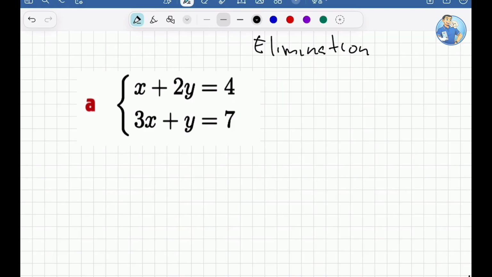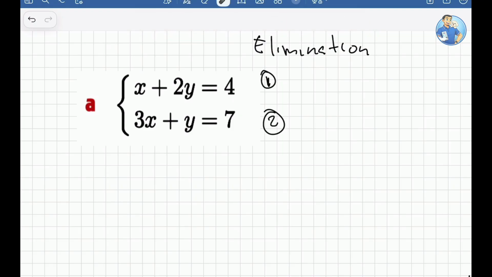For example, this is equation 1, equation 2. So by the way, you can match the coefficient of the x or y's. It doesn't matter. You can choose.